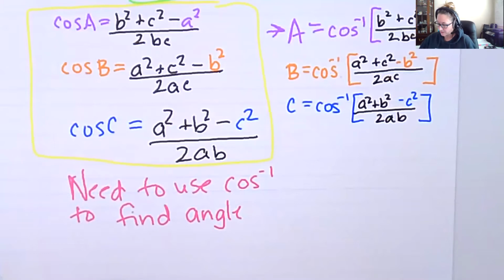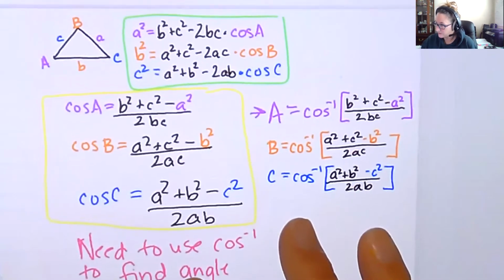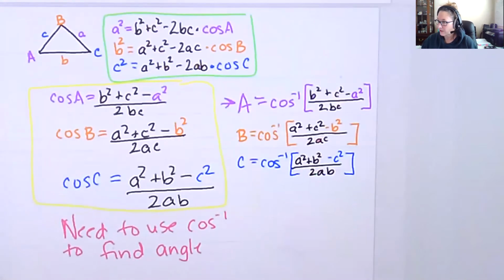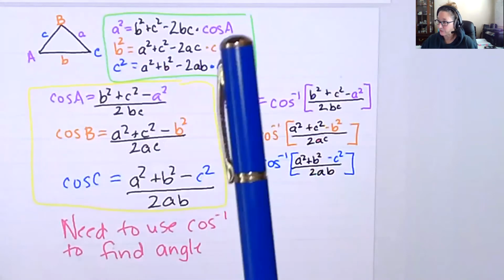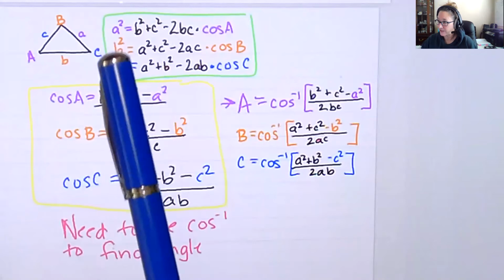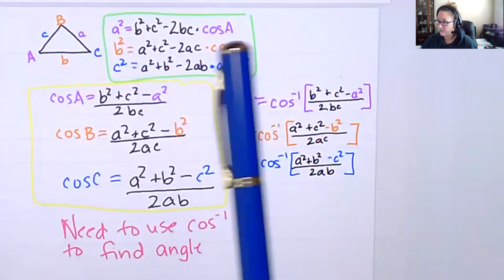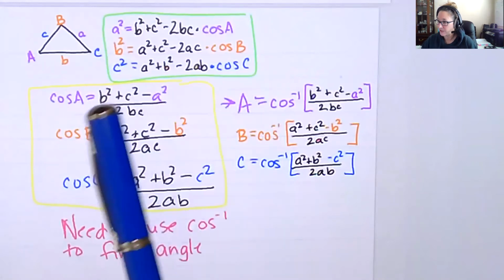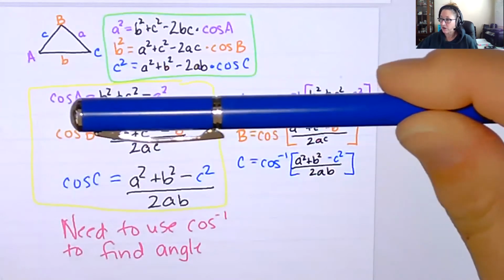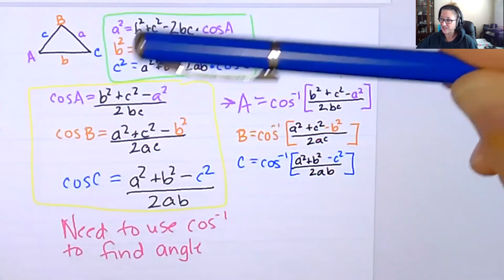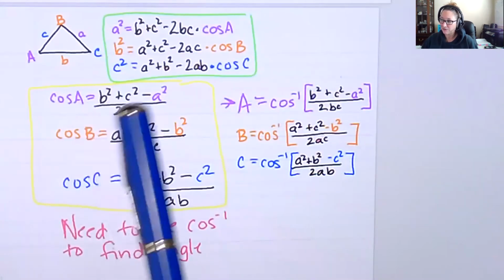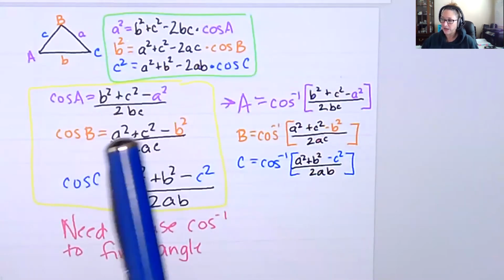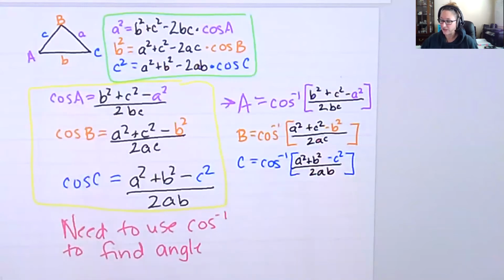But again, all of these come from this. This is if I'm dealing with angle A and side A, B and side B, C and side C. The other ones are the easy way to compute if I want to find the side. These ones are easier to compute if I need to find the angle. And remember, when you're trying to find an angle, you need to find the cosine inverse of that.